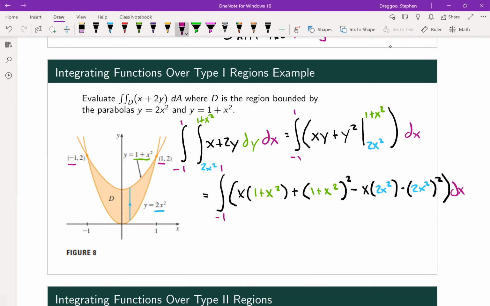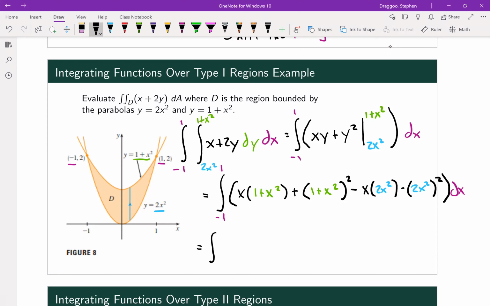Cool. All right, now we're going to want to simplify everything that we just wrote down. Okay, so we're going to have all kinds of terms from x to the 4th all the way down to a constant term. So let's get cracking.